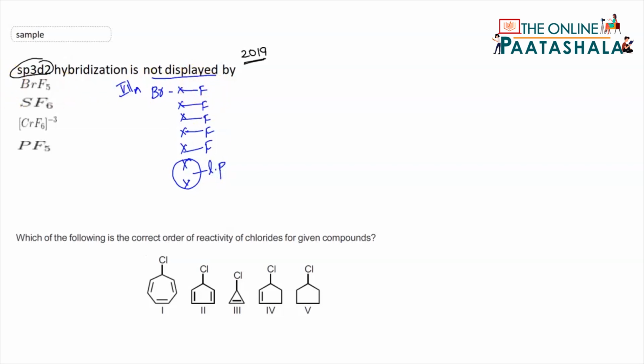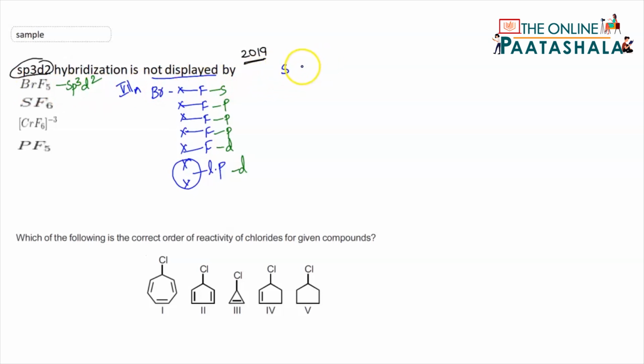So it is written as S, P, P, P, D and D. What is the hybridization for this? sp3d2. Next is SF6, sulfur.